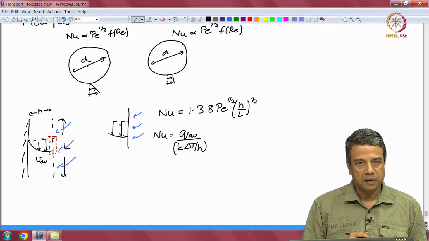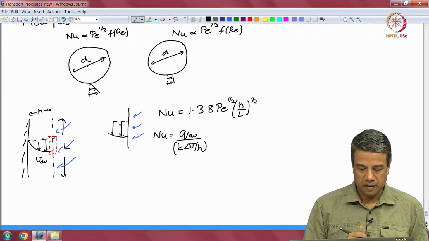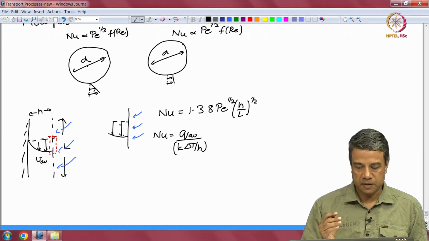This is for a temperature profile, thermal diffusion, where delta T is the difference between the film temperature and the temperature far away.